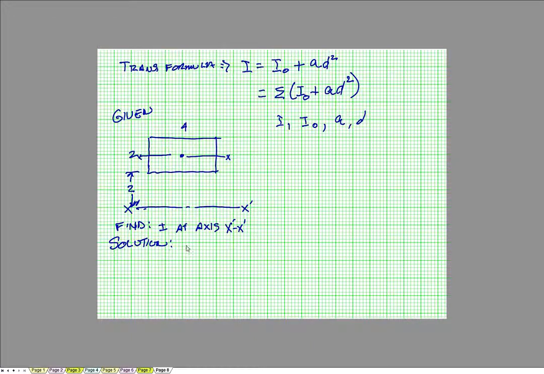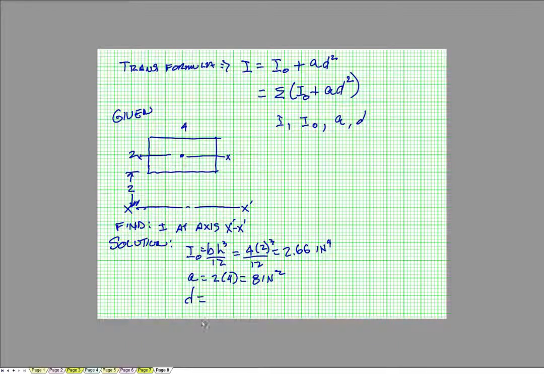So I know that the moment of inertia of the individual shape is base times height cubed over 12. And that equals 4 times 2 cubed over 12, and that is 2.66 inches to the fourth. The area is 2 times 4, and that is 8 inches squared.